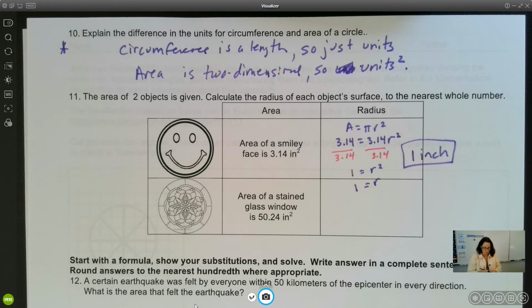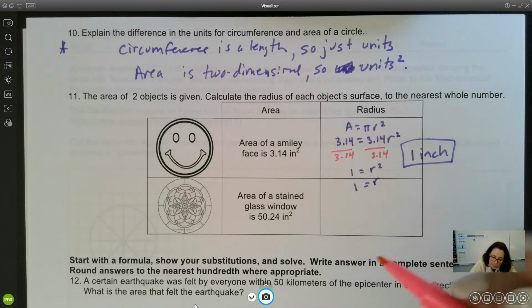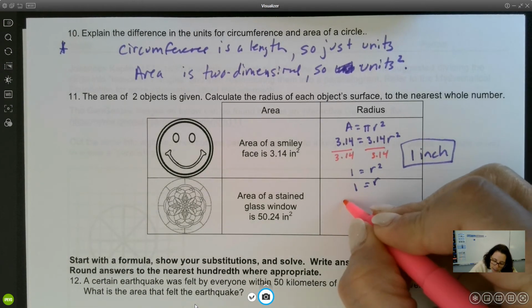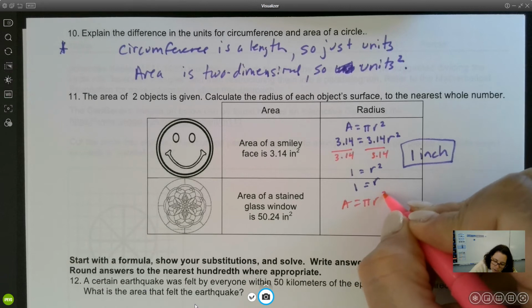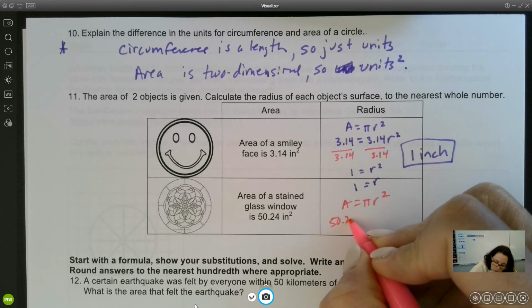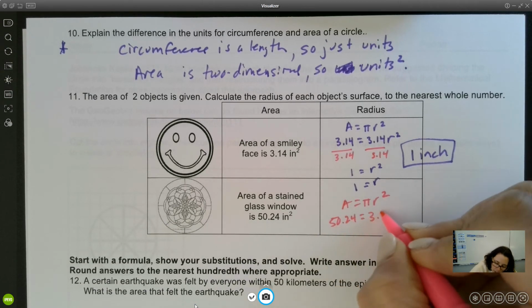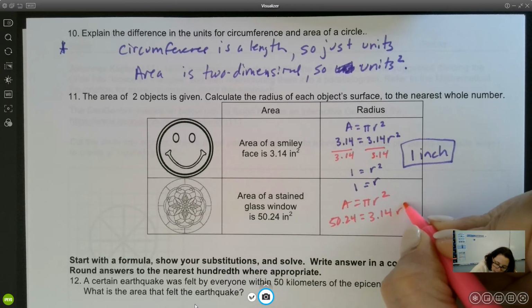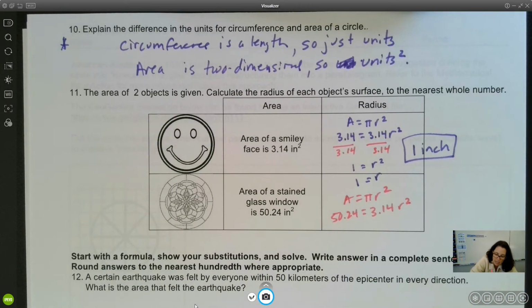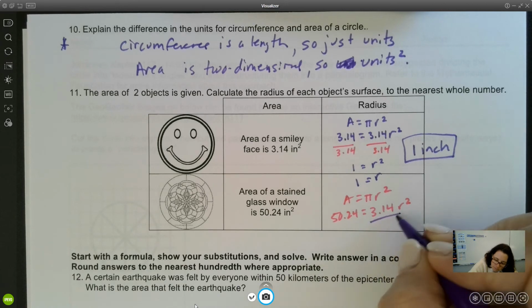All right, let me switch colors just so it doesn't run into the purple. I went over the black line. So area equals pi r squared for this one, 50.24 for the area. I'm putting in 3.14 for pi. I'm going to divide by 3.14.